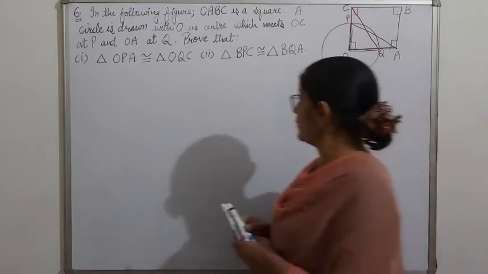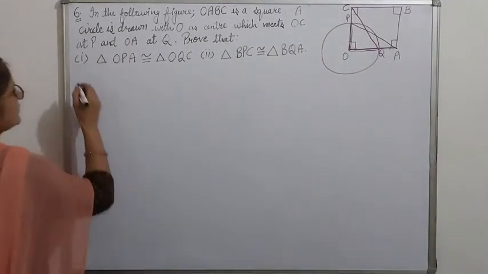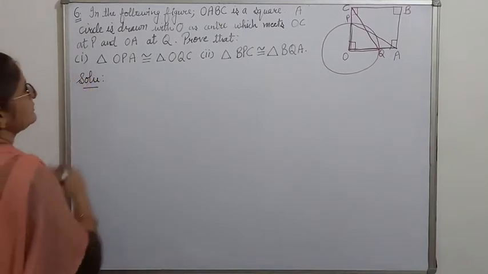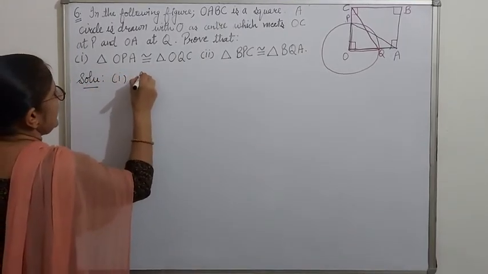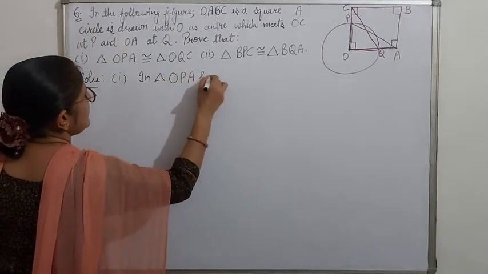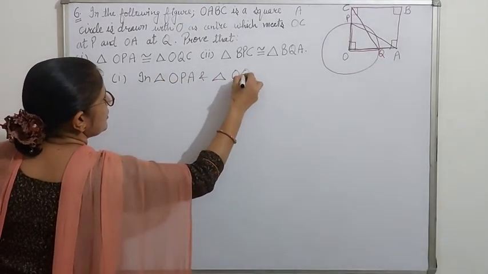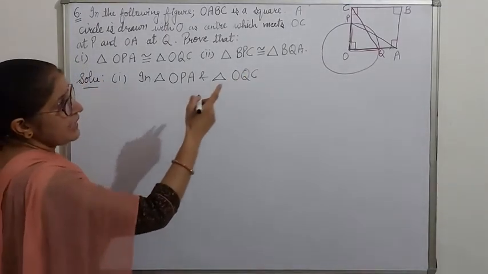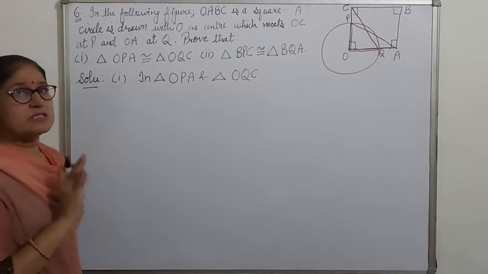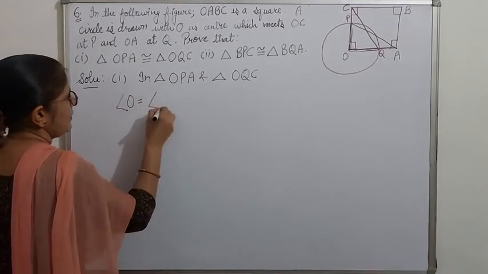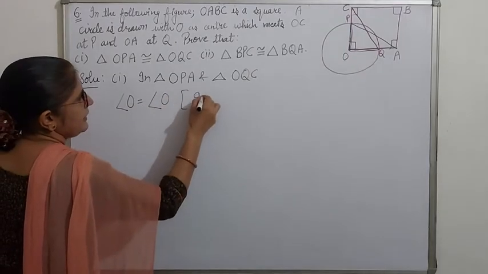So we'll take the solution now. First part, in triangle OPA and triangle OQC, three things you have to take the same. Angle O is common in both; angle O is equal to angle O, which is 90 degrees.